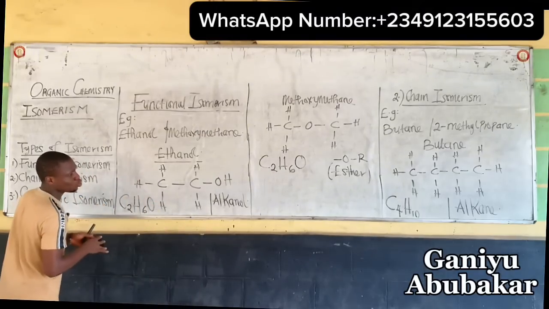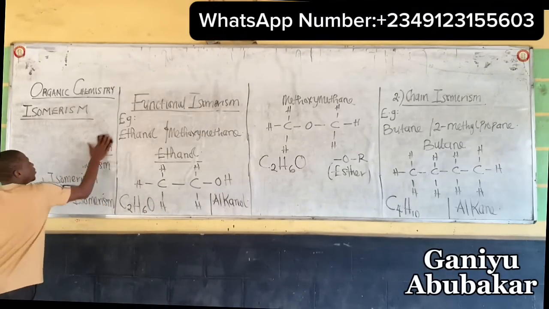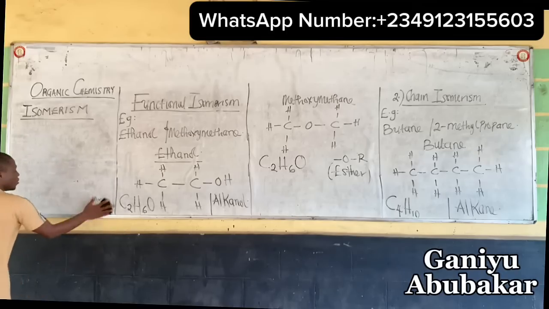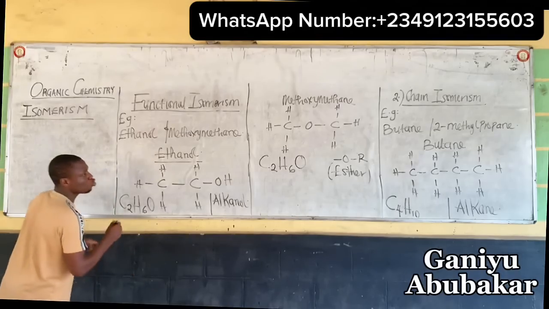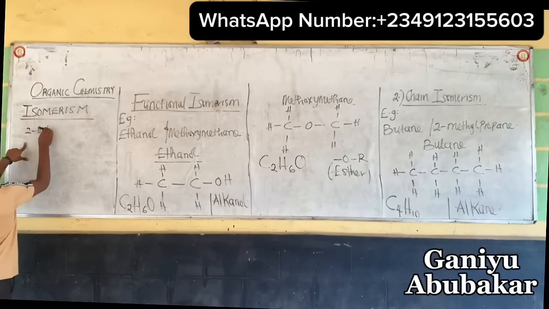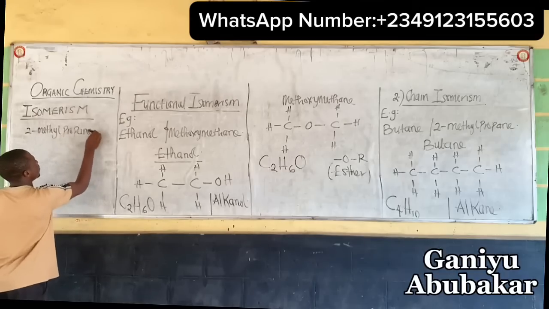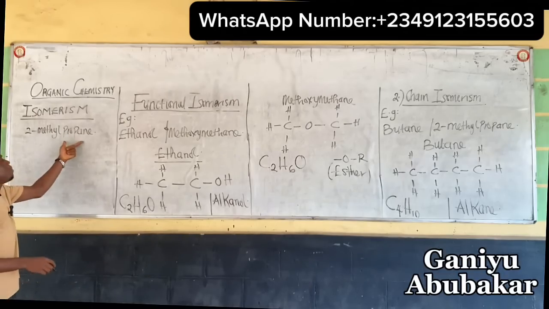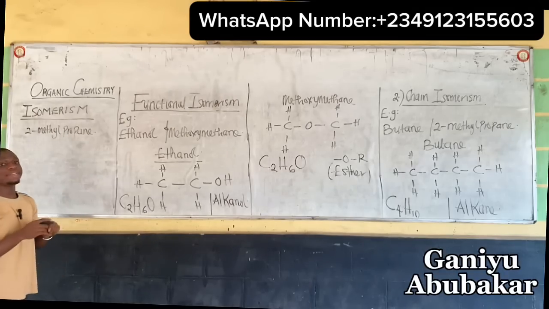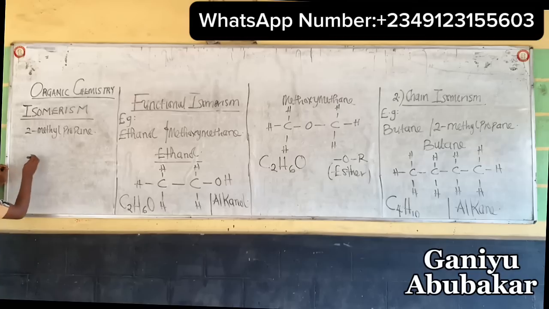Let's consider 2-methyl propane. For this one, the propane signifies 3 carbon atoms, so I have carbon 1, 2, and 3.